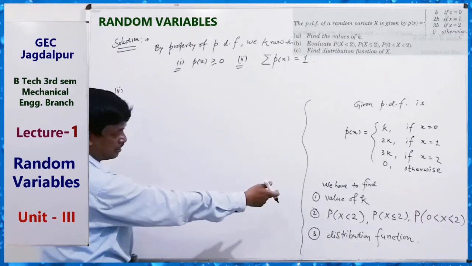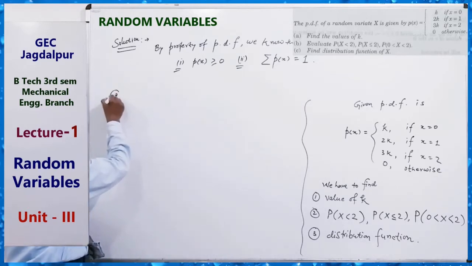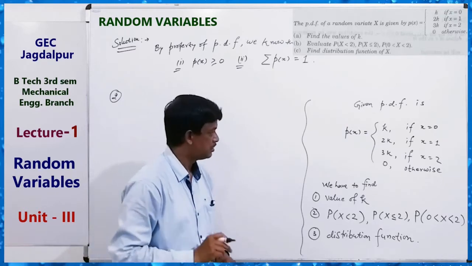Now second, here we get k equals 1 by 6.